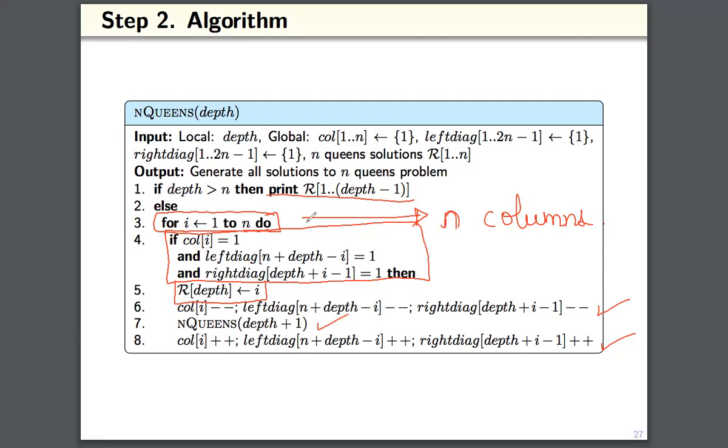So if these constraints are satisfied, that means you can place a queen in the ith column in the depth row. We will come to this constraint later, but if this is satisfied, place the queen in the depth row in the ith column. That's the meaning of R of depth equals i.